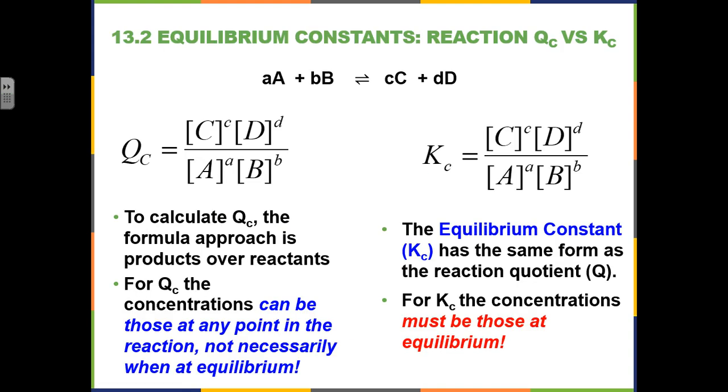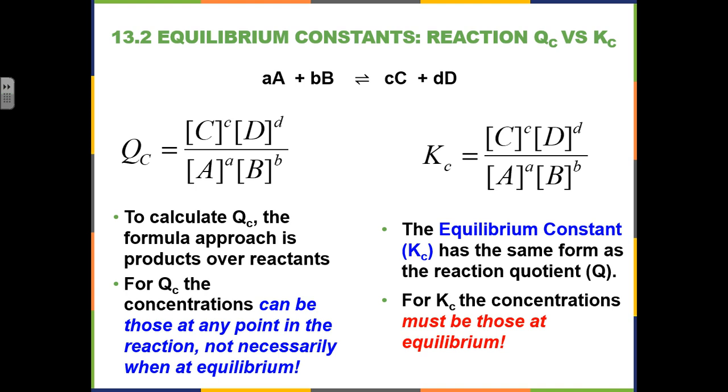So let's compare them. If we're talking about the reaction that features QC versus KC, let's talk about how they're achieved. First, the approach is pretty much the same, where you calculate QC by putting the products over the reactants. That's the same when calculating the KC, products over reactants.